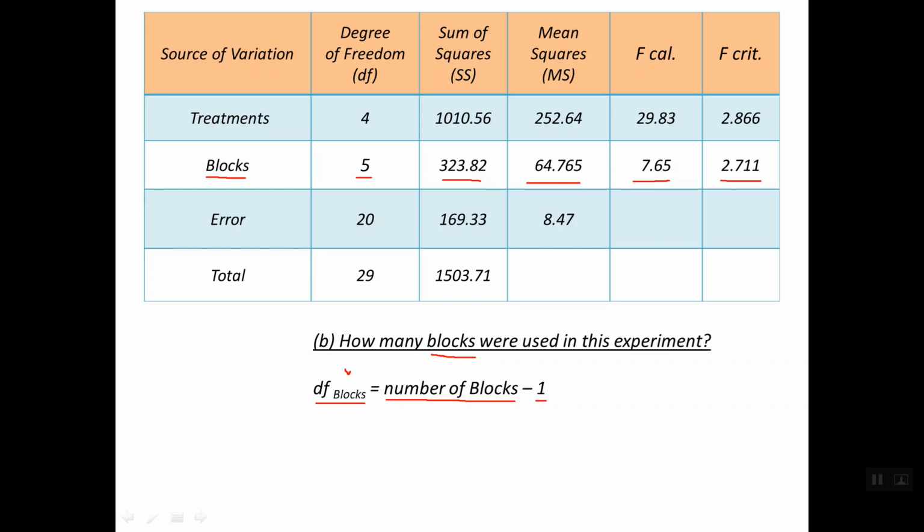So the degree of freedom for the blocks is already known. The number of blocks is the missing value here. So we move the minus 1 to the opposite side, so the sign for the 1 will change to plus 1. So the number of blocks is equal to the degree of freedom for the blocks plus 1, which is equal to 5 plus 1, which is equal to 6.